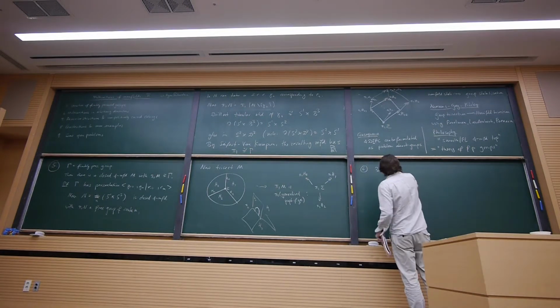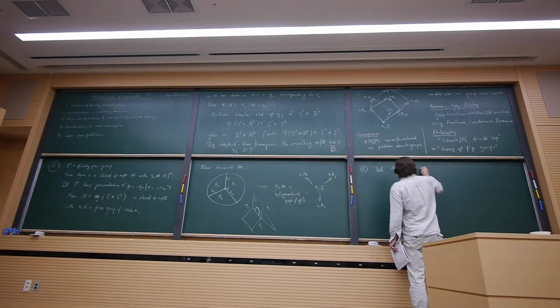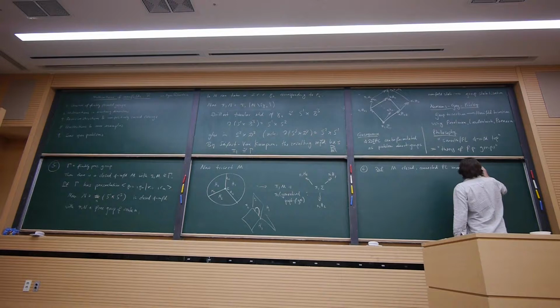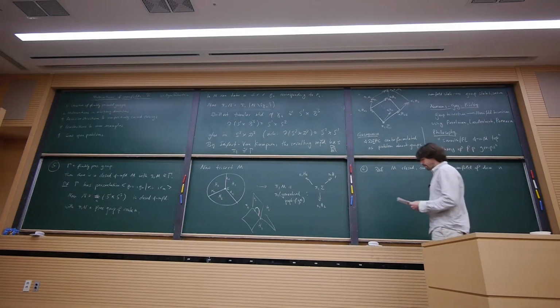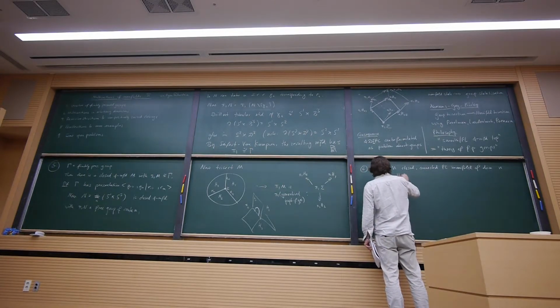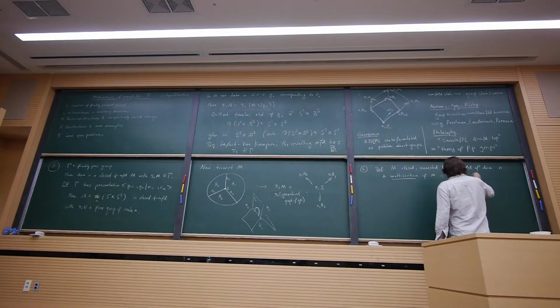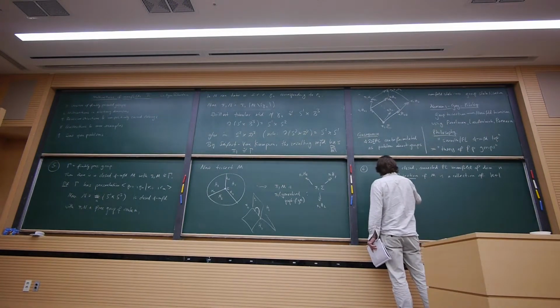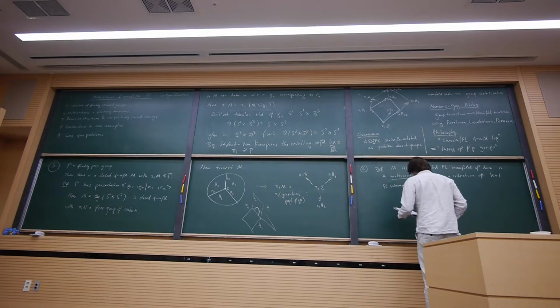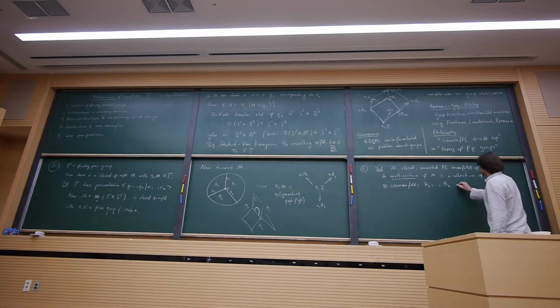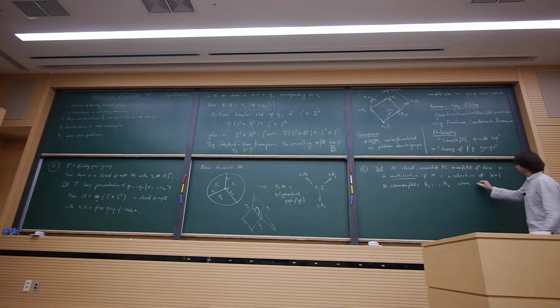Okay, so here's the definition. M is a closed, connected PL manifold of dimension n, and a multisection of M is a collection of k plus 1 submanifolds, and I'll call them H0 to Hk, where it depends whether n is even or odd, so n is either 2k or n is 2k plus 1.